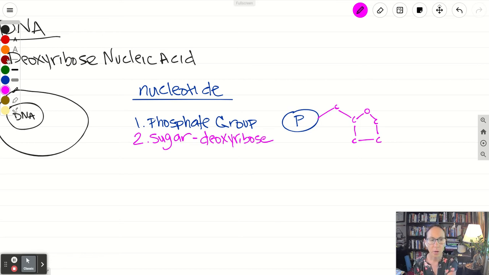And then the third part is a nitrogenous base. And the nitrogenous base is attached to this carbon. And for now, I'm just going to put an A. And there are four choices for the nitrogenous bases. There is A for adenine.